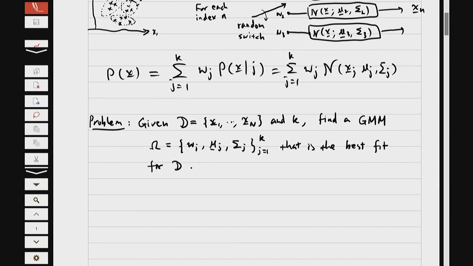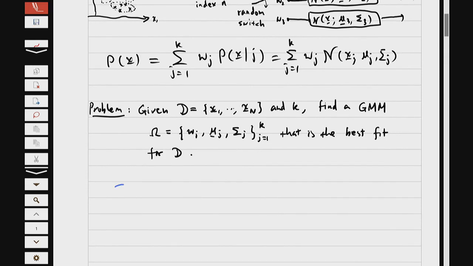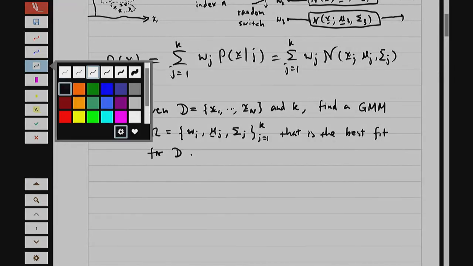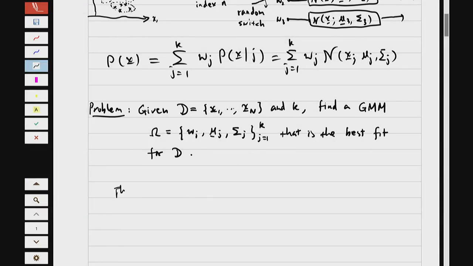But to do SGD, it's rather complicated, and it's very computationally intensive. So in general, we do not use SGD to solve these kinds of problems. We use a new algorithm called the expectation maximization algorithm, the EM algorithm.